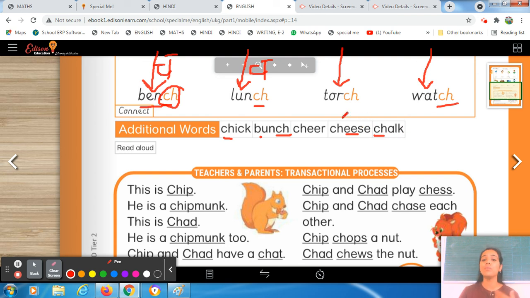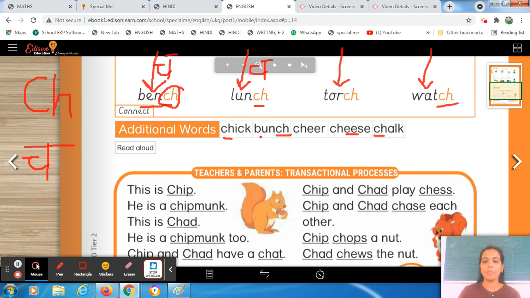You all have to revise all these words which are introduced to you today, but the main thing that you have to keep in your mind is the sound. That ch will give you the sound ch. What sound will it give you? It will give you the sound ch. Okay, this thing you have to keep in your mind, and then you have to revise all of these additional words along with the words which were introduced above, right, students?